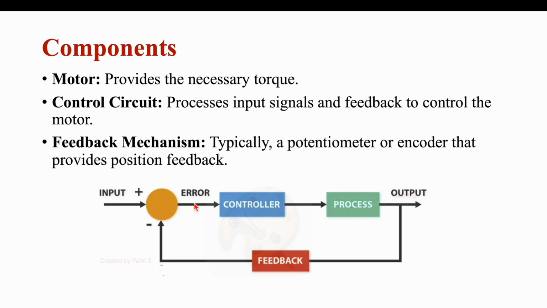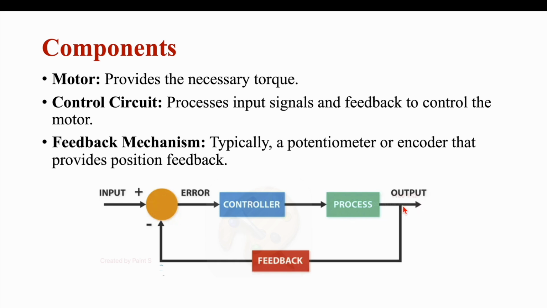Components. The first one is the motor, which provides the necessary torque. The control circuit processes the input signal and feedback to control the motor. The feedback mechanism, typically a potentiometer or encoder, provides position feedback. So you give the input, and here there is a summation circuit.